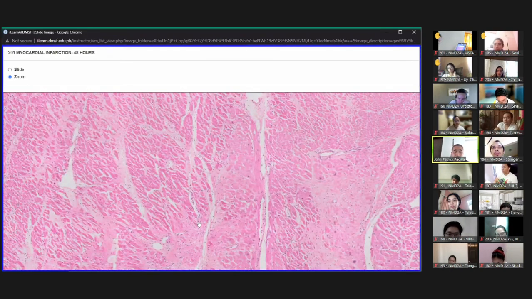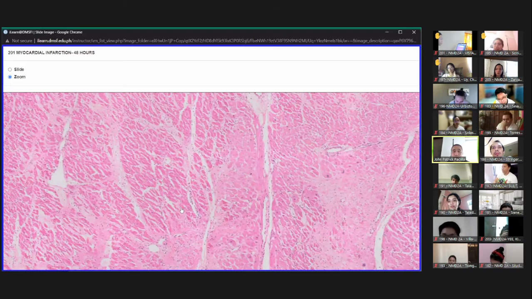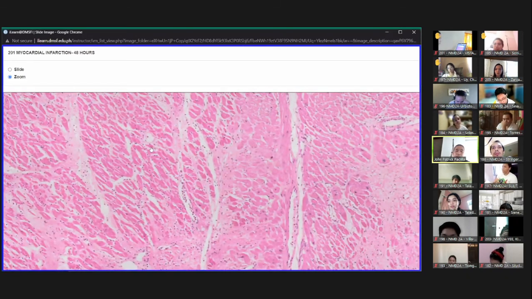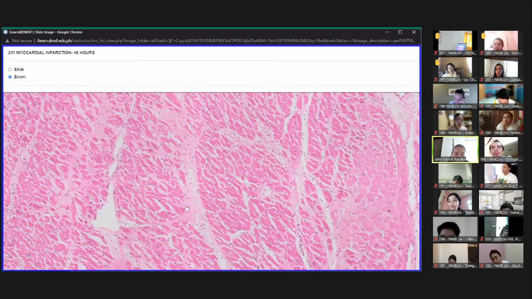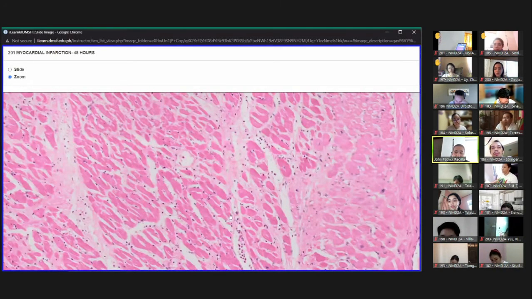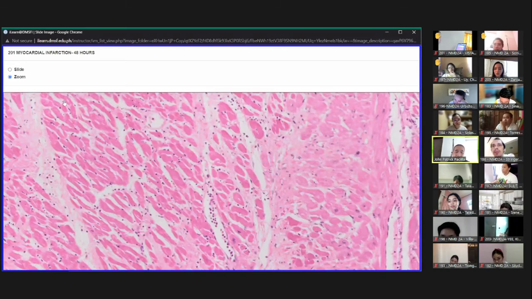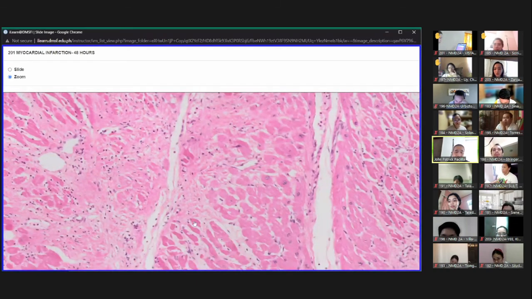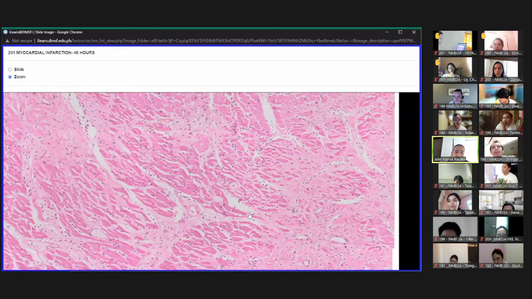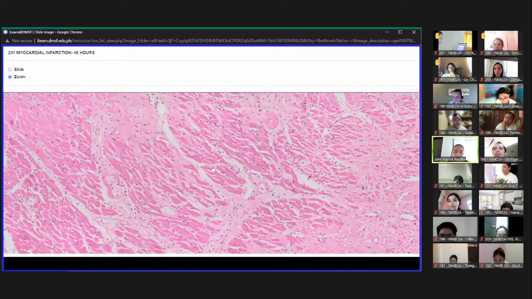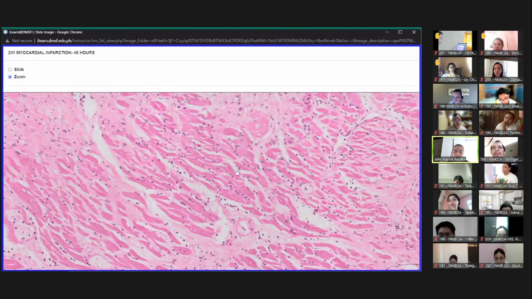Okay, so this one is myocardial infarction. So what are the features that we would see during the first 48 hours? Okay, hypereosinophilia, the presence of coagulative necrosis, the presence of neutrophilic infiltrates, and then another one would be waviness of the fiber. Yan, makikita nyo may waviness of the fiber. Yan. Okay?